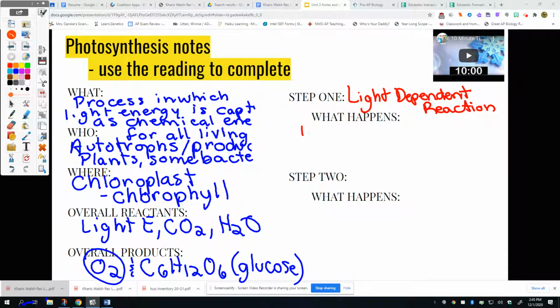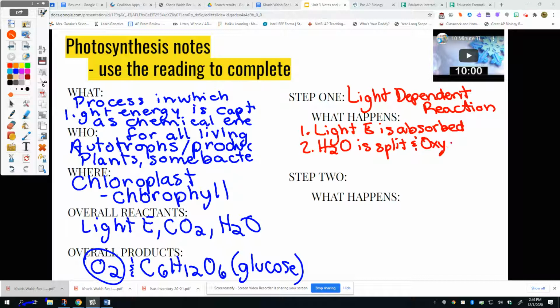And what happens in this is that light energy is absorbed, water molecules are split, and oxygen is released. And the last thing is energy is transferred.